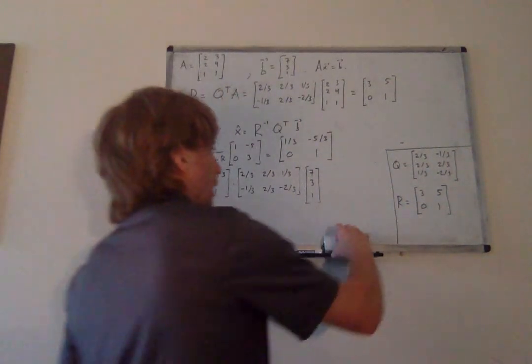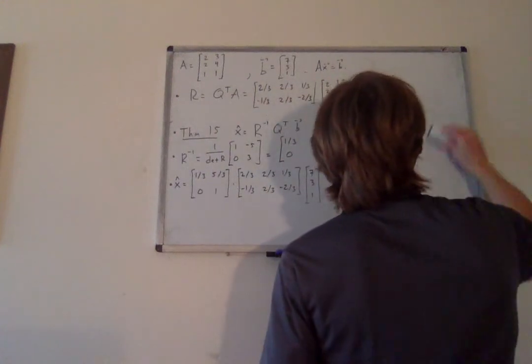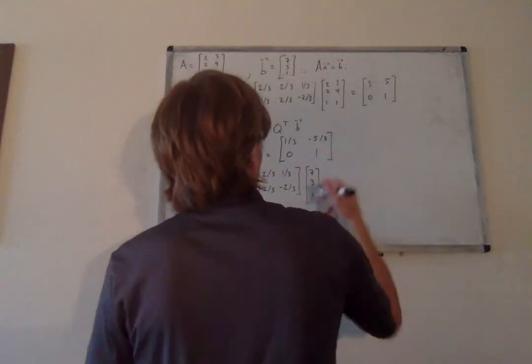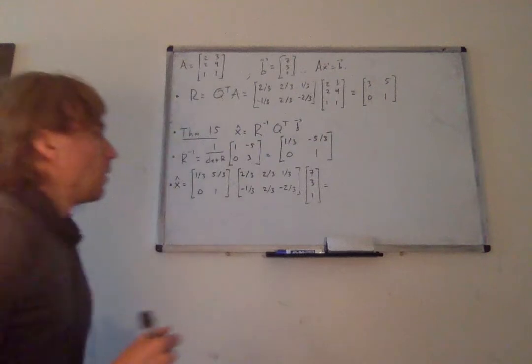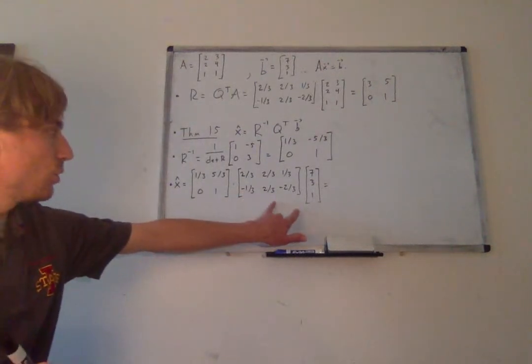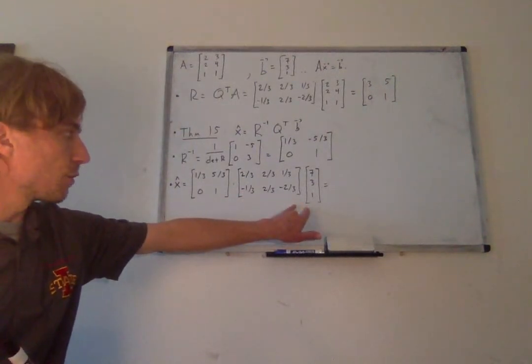The order I would do this in, I would multiply this matrix times this vector first.